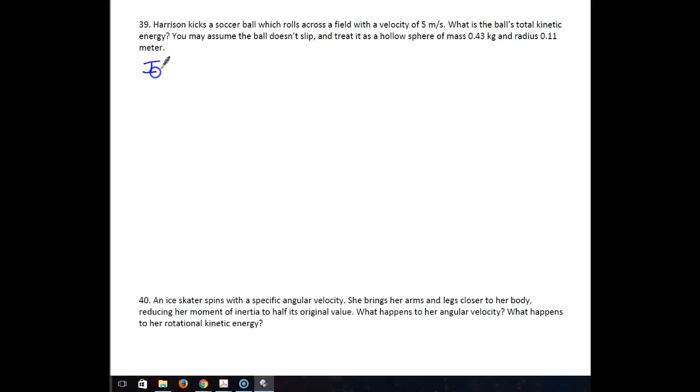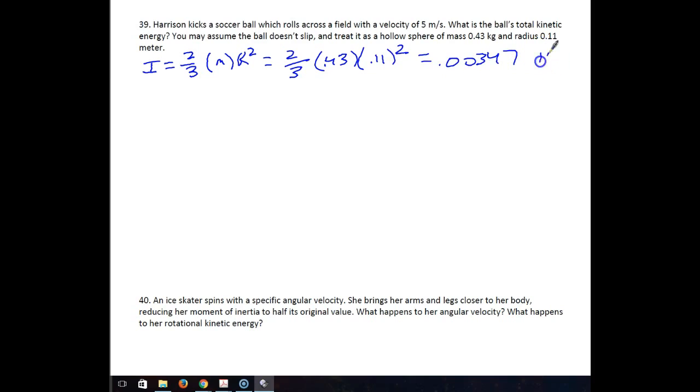First we need to find the moment of inertia, and for this ball it is 2/3 times the mass times the radius squared. So this is 2/3 of 0.43 times 0.11 squared, and we end up with 0.00347 kilograms times a meter squared.